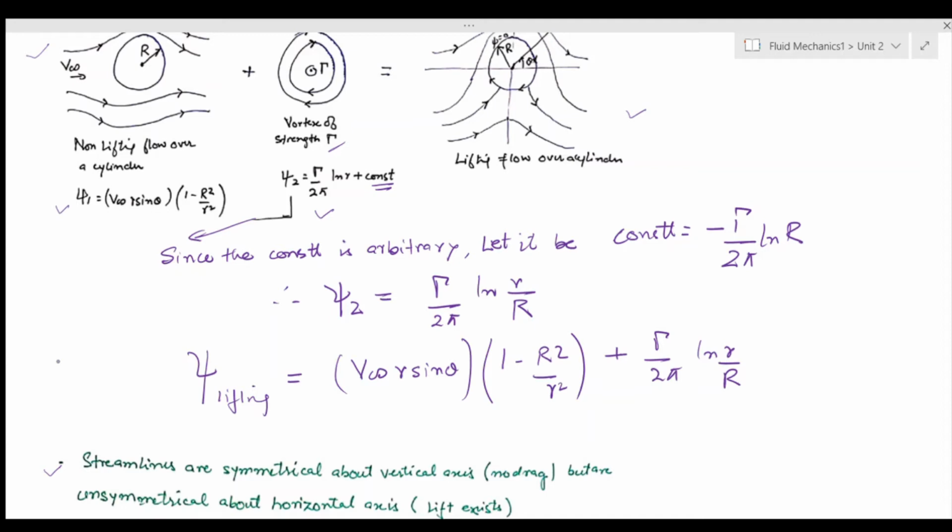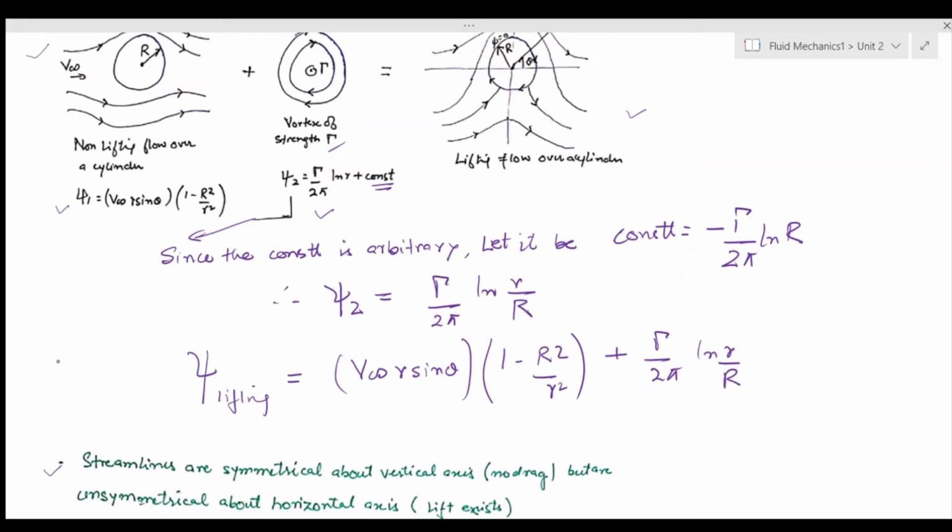But if you look about the horizontal axis, which means the streamlines at the top and in the bottom of the horizontal axis, you would see that they are unsymmetrical. If the streamlines are unsymmetrical, it shows that the velocity field is unsymmetrical about the horizontal axis, and that means the pressure field is unsymmetrical.